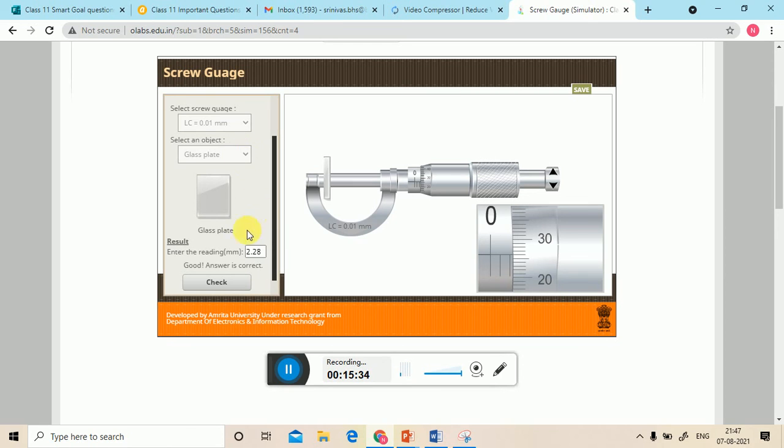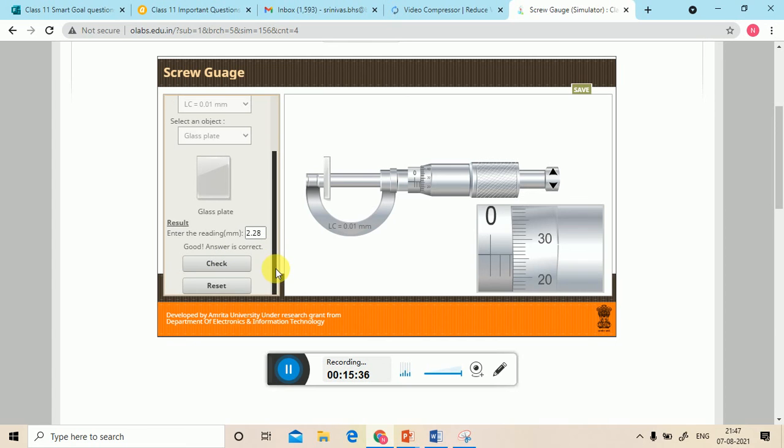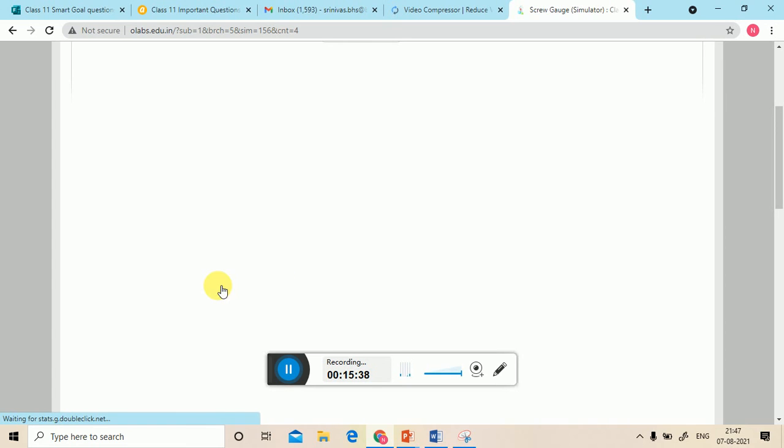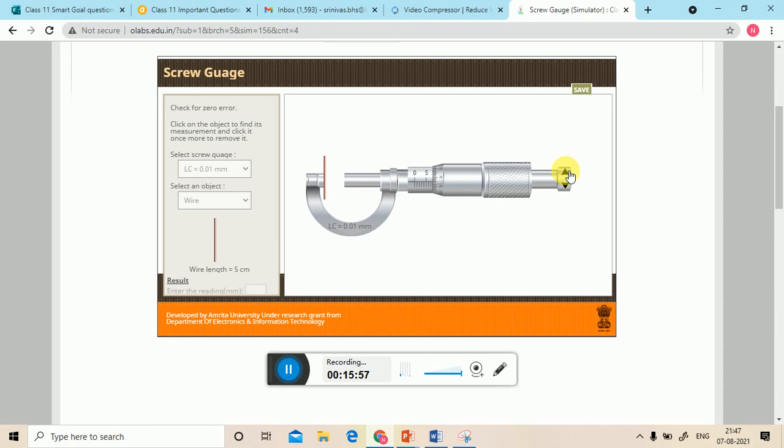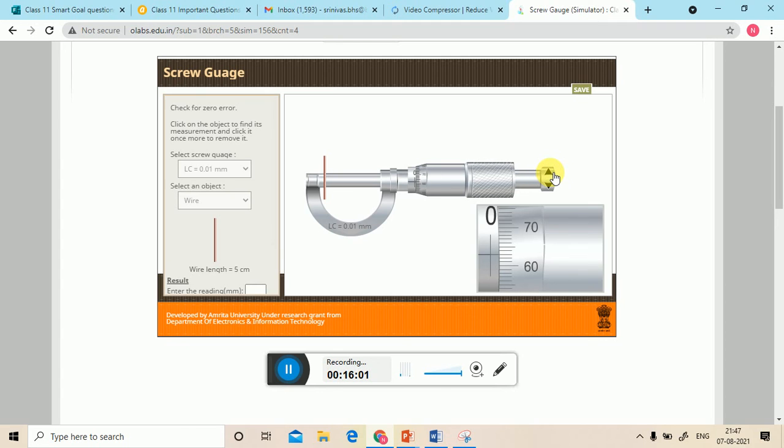In order to check that one, we have to reset the device and select the wire, place the wire in between the stud and the screw and proceed with the steps we have done for measuring the thickness of the glass plate. Once it is in contact, let us observe the readings.